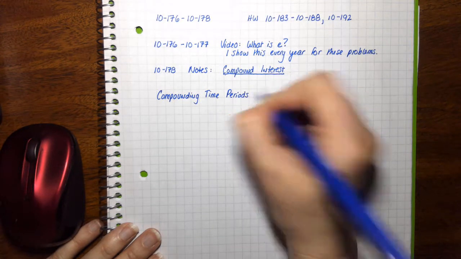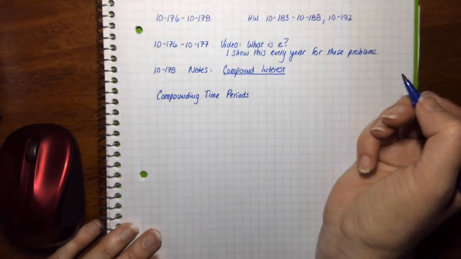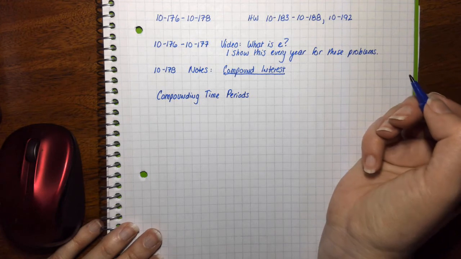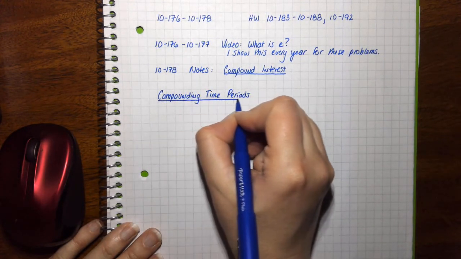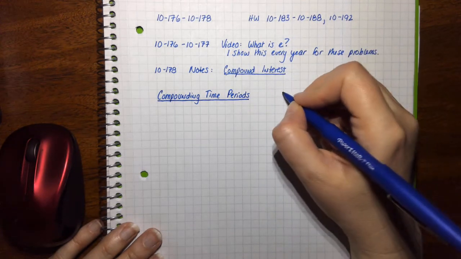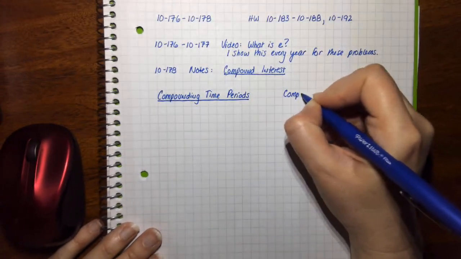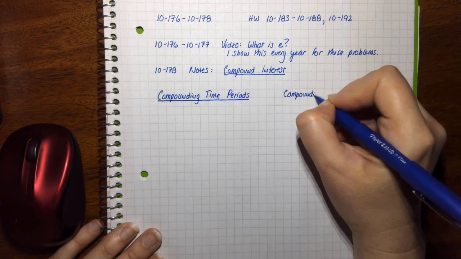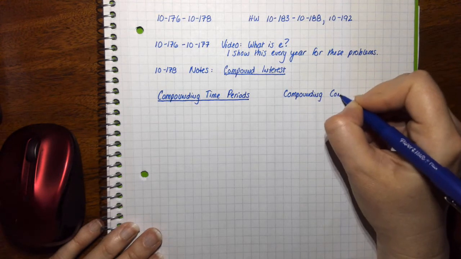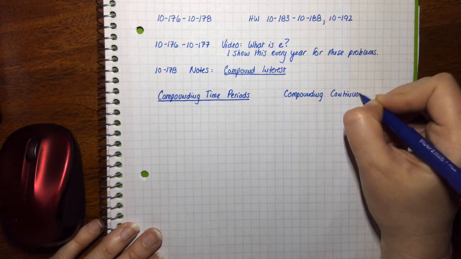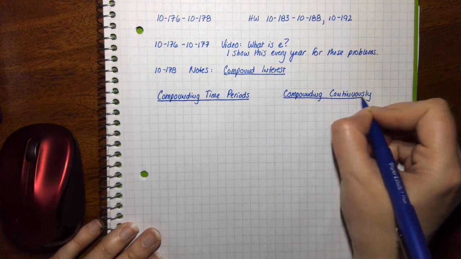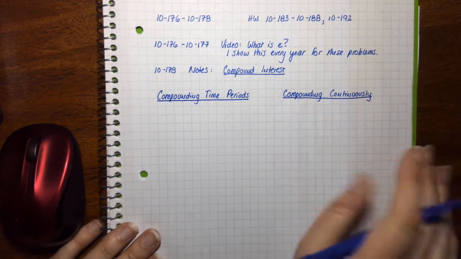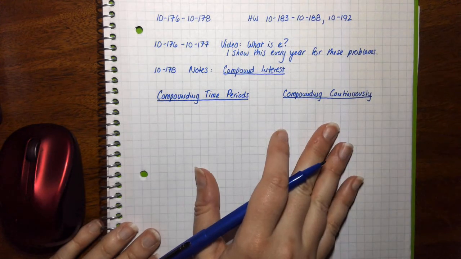And that is compounding daily, yearly, weekly, quarterly, monthly. And the other is compounding continuously. Okay, and this one has to do with E, as you learned in the video.